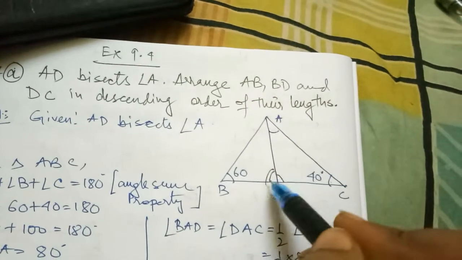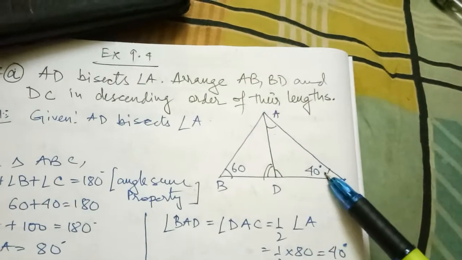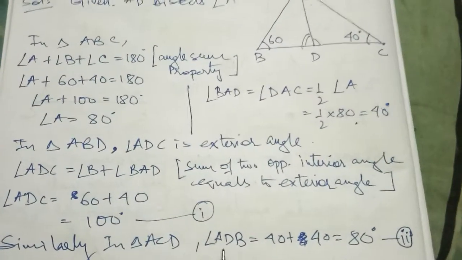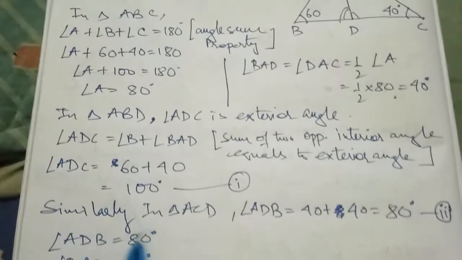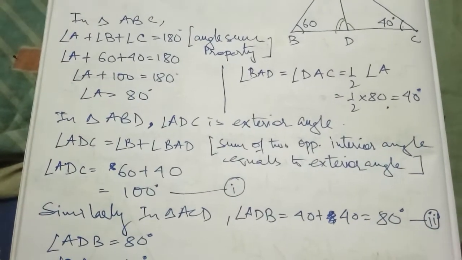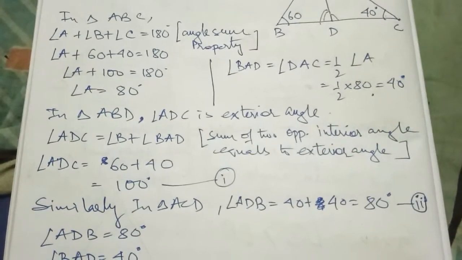Then in this triangle, this is 40 and this is 40, that is coming to 80 degrees. See, I have written over here, similarly ADB equals 40 plus 40, that is 80 degrees. Now what I have written: ADB is 80, BAD is 40, DAC is 40, then ADB is greater than DAC.